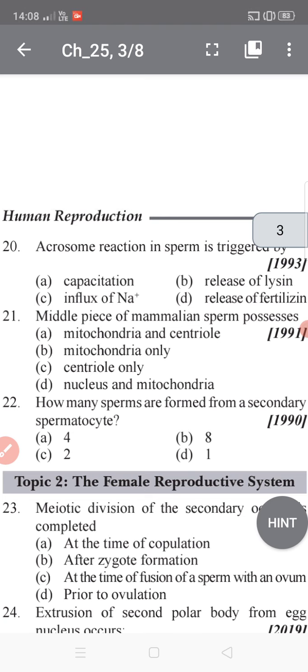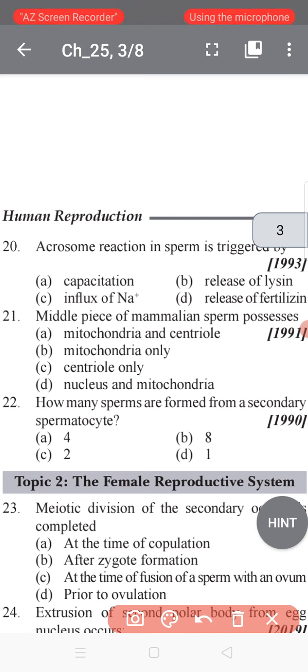Now student, you have to listen carefully. The middle piece contains many mitochondria, and there is also a long and highly motile tail.